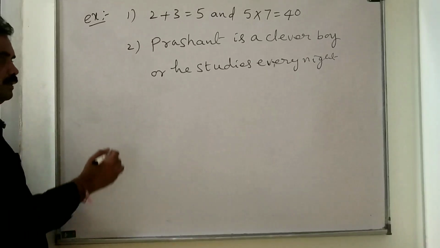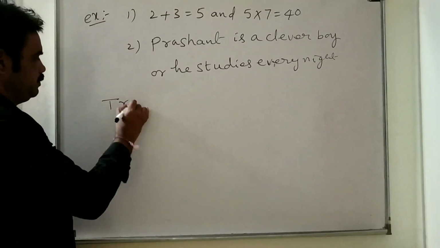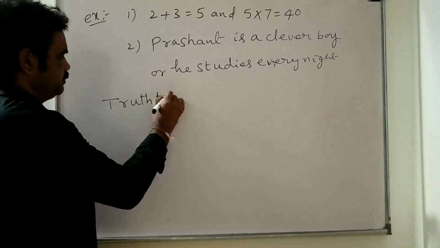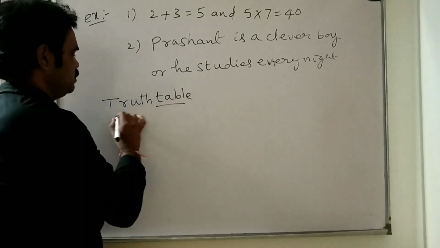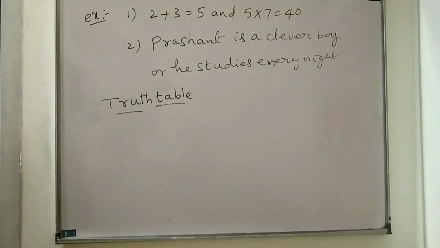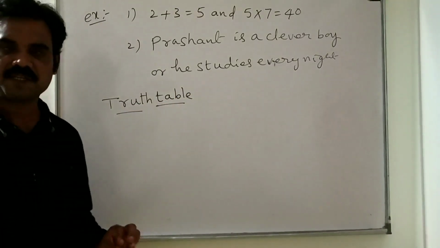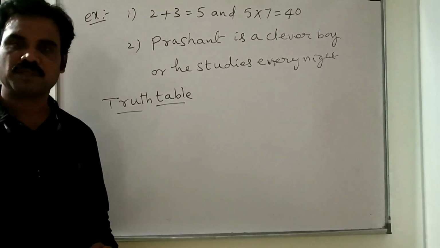Next, truth table. What is the truth table? The truth table displays the relationship between the truth values of the propositions.